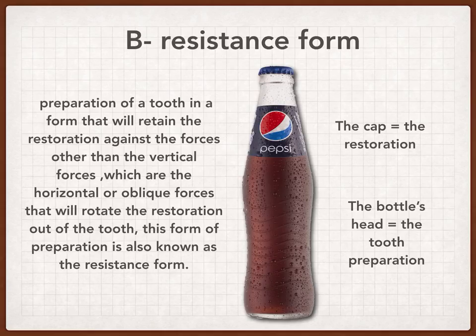Guys, this is a bottle of Pepsi. Let's imagine that the cap of this bottle equals the restoration, and the bottle's head equals the tooth preparation. Because the bottle's head is short and wide, the cap can be easily displaced and rotated from it.